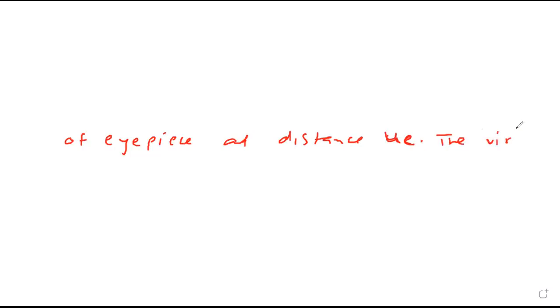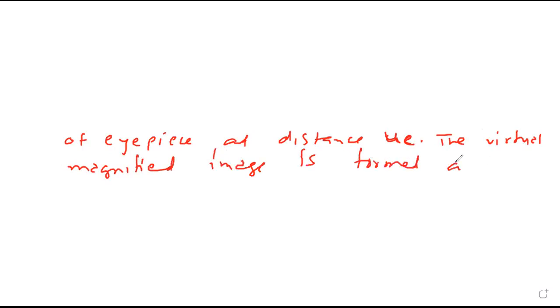The virtual magnified image is formed at distance VE.